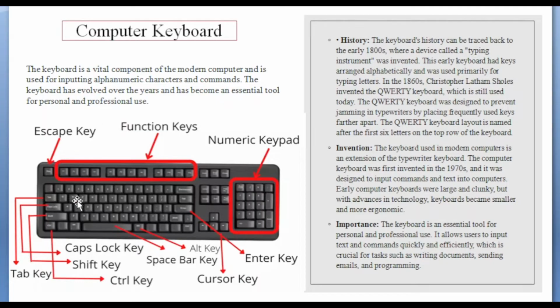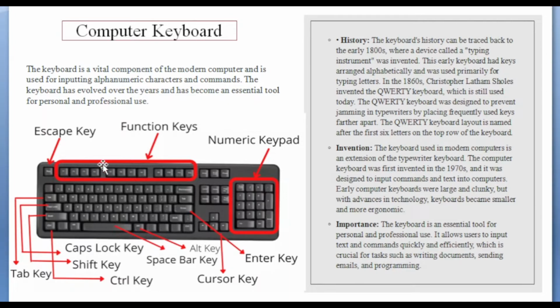You can see this is a standard keyboard and these are the alphabetical keys placed in the keyboard. The first row of alphabetical keys contains the letters QWERTY, hence the name QWERTY keyboard.